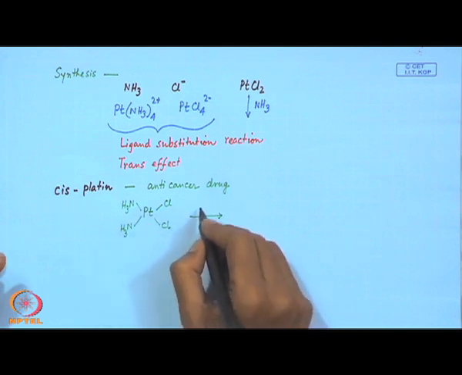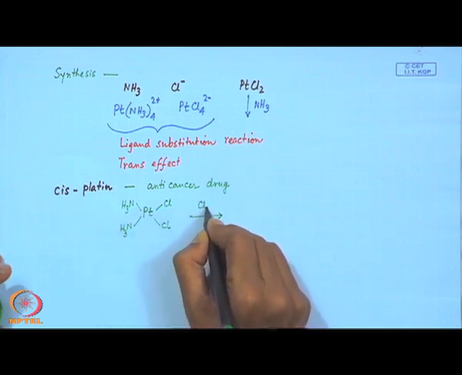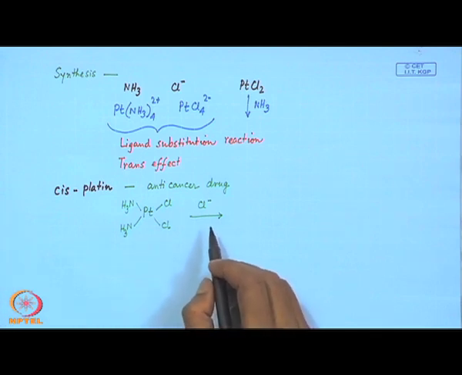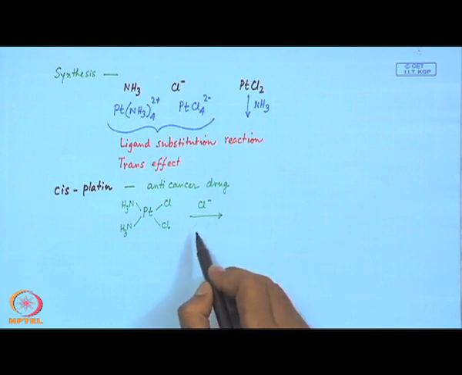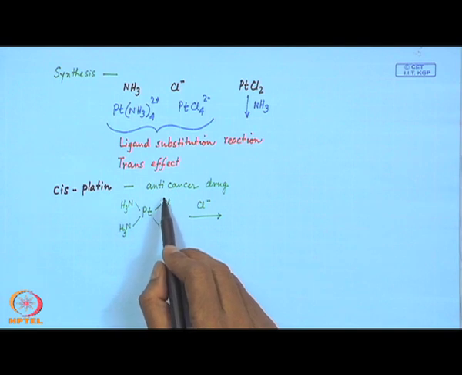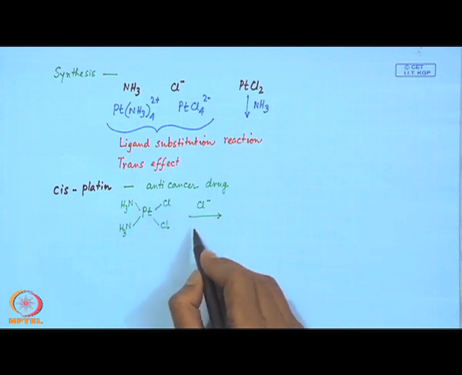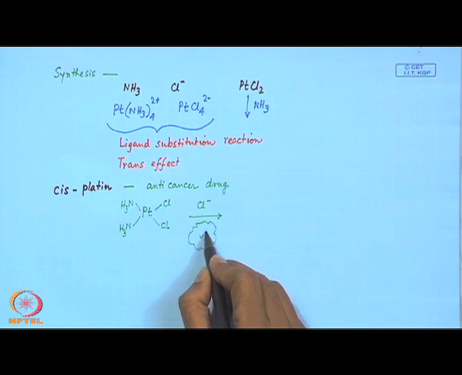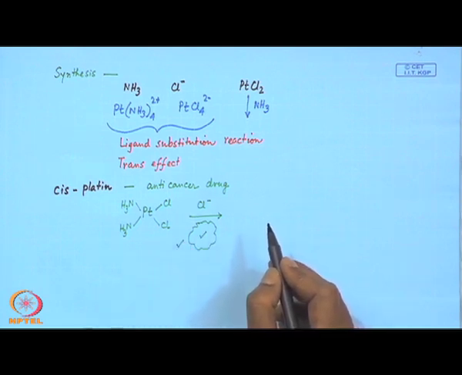That means, in presence of say Cl minus, which is there in plenty, the concentration of Cl minus is the deciding factor in our body, particularly for a person who is suffering from cancer. If you have a cell, the cell can have two different types of chloride concentration, one inside the cell and another outside the cell.